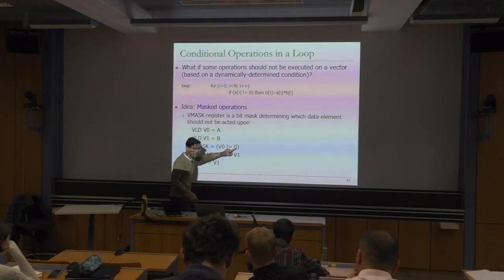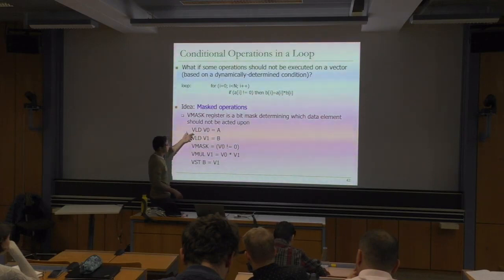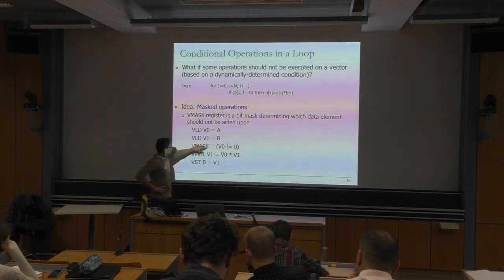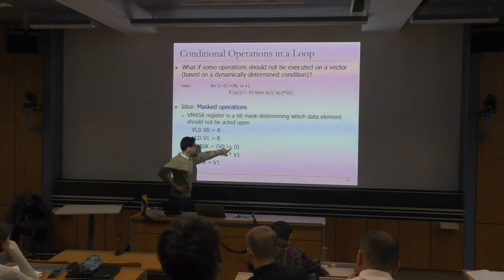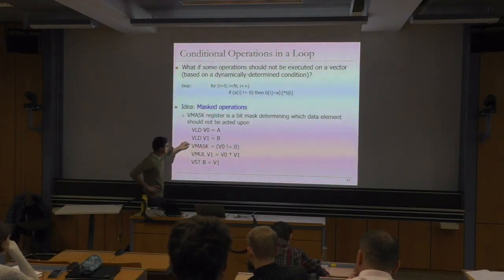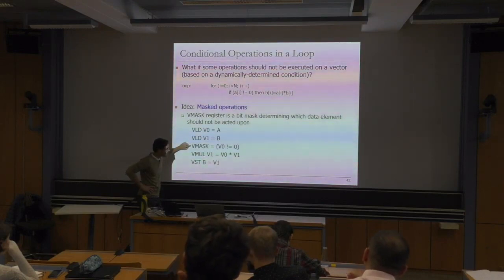If they are 0, then the result of this comparison is 0, so that's what we will have in the corresponding bit in the vector mask. If they are different, then the result is 1, and this 1 is the corresponding bit in the vector mask.